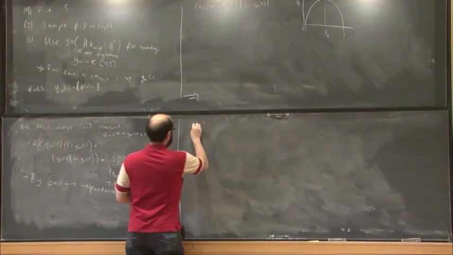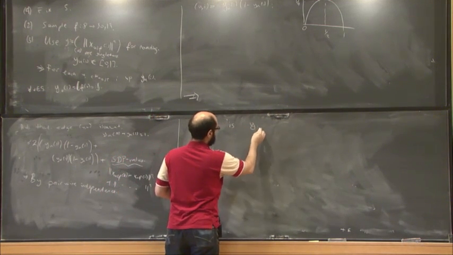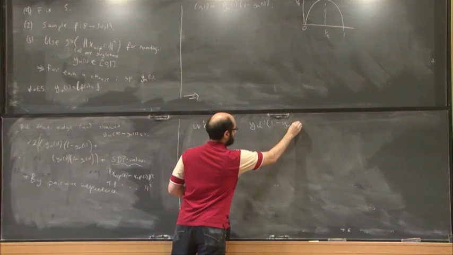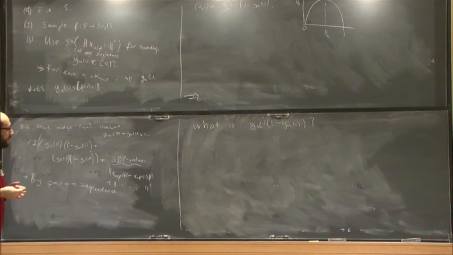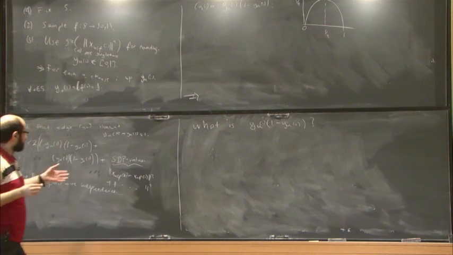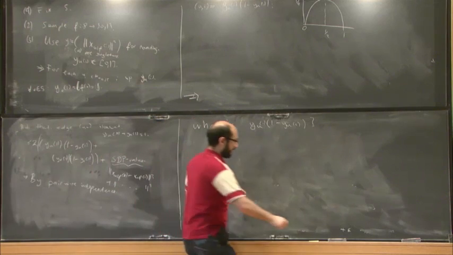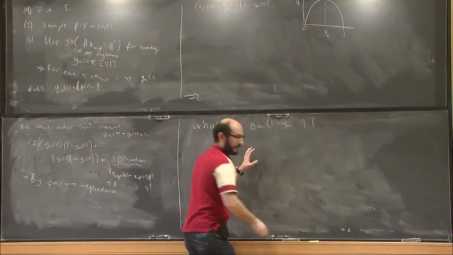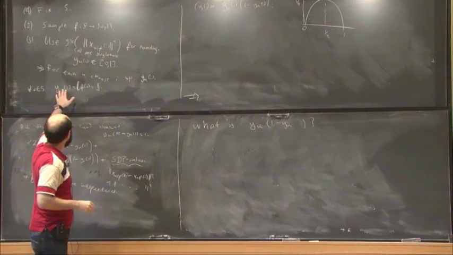Our question now becomes: what's y sub u of i? Since we are only looking at labelings of 1, let me drop i and just look at y_u, which is defined to be y sub u of 1.